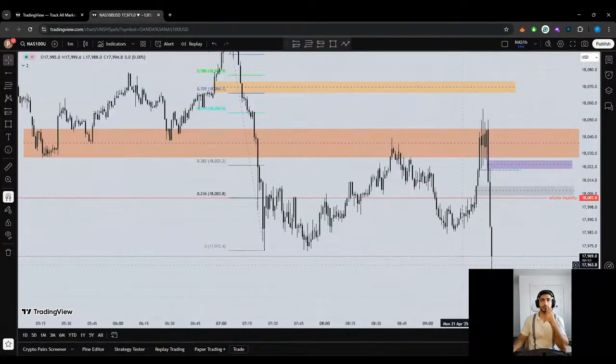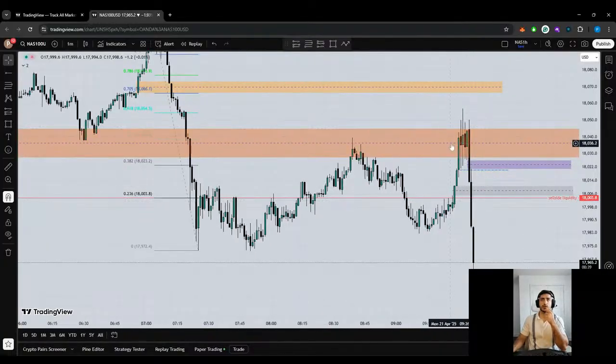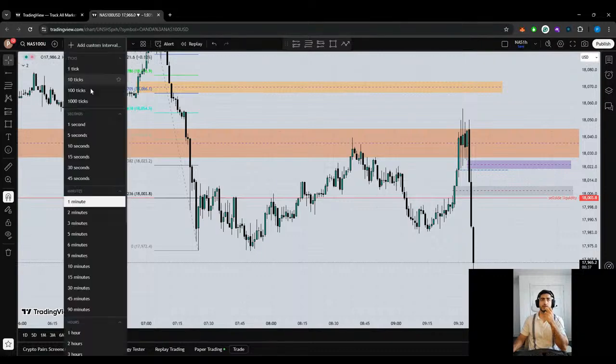Boom, big break. So you see how it stayed within this breaker's body, the 5-minute. So we go back on the 5-minute breaker.